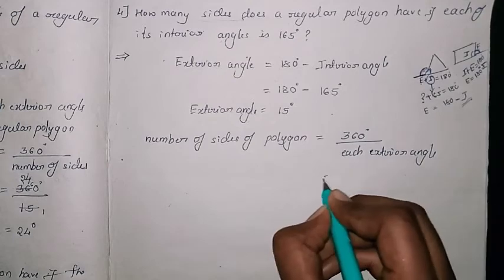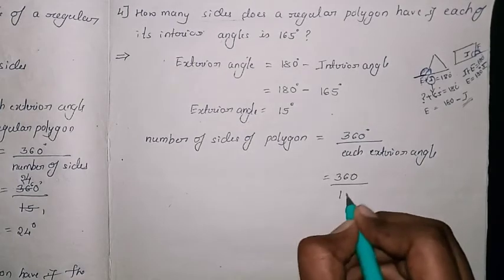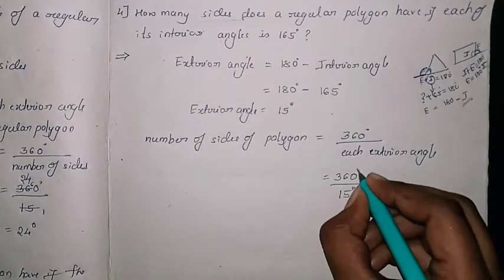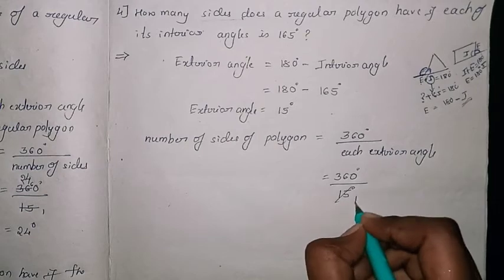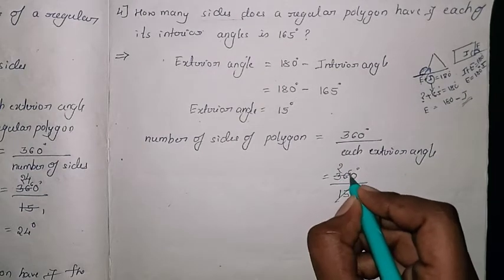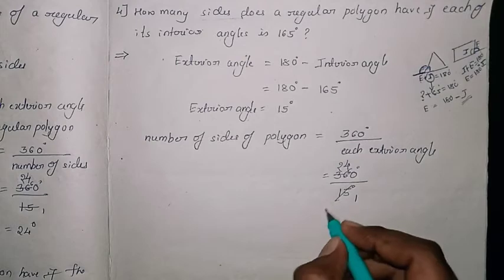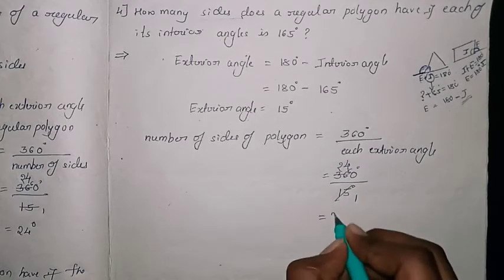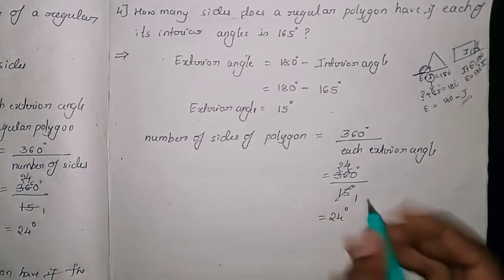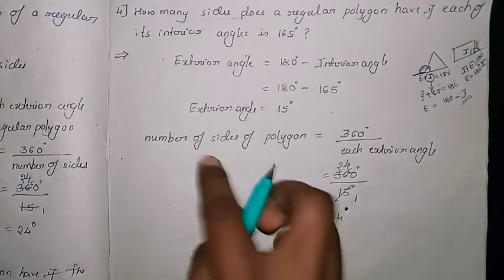So how much do we get? That is 360 divided by 15. 15 ones are 15, 15 twos are 30, 15 fours are 60, so it is 24. Sorry, it is not degrees, this is the number of sides.